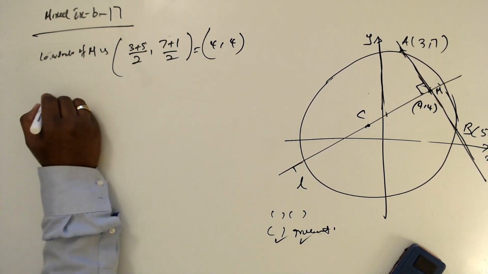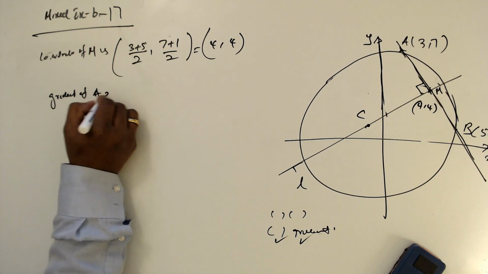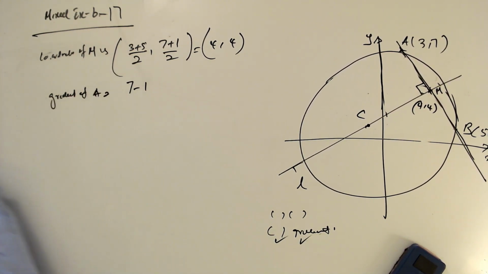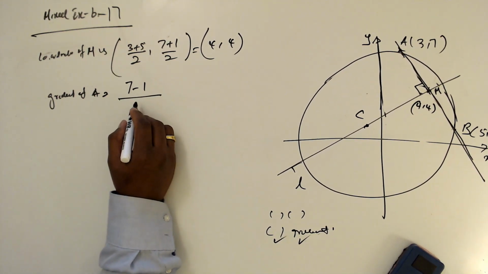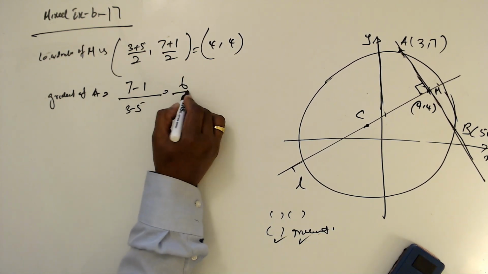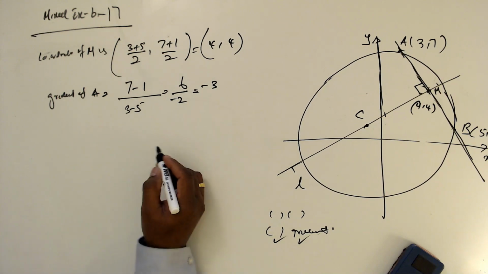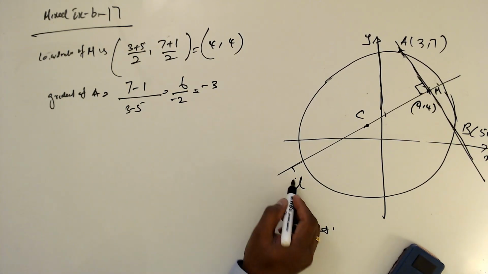Now gradient. Gradient of AB: y1 minus y2, 7 minus 1, and x1 minus x2, 3 minus 5. This is 6 and this is minus 2, so minus 3. Then the perpendicular gradient.